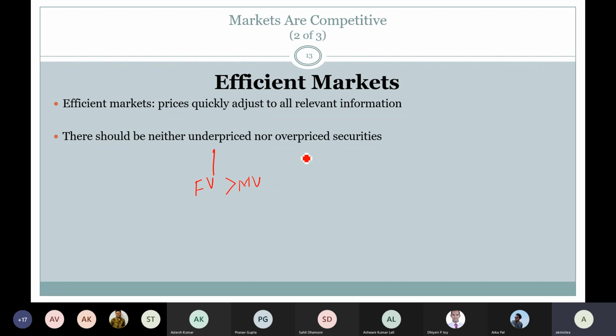Same way, if the fair value is less than the market value, or the market value is higher than the fair value, it means the stock is being traded at higher than the true value or fair value.